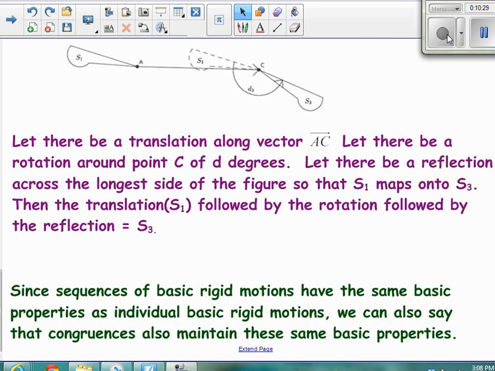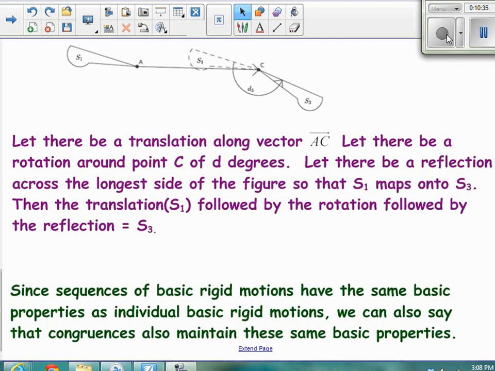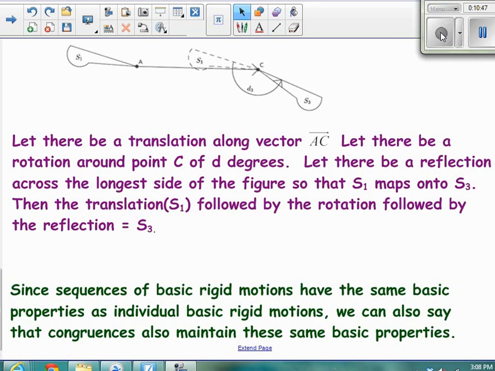A congruence maps a line to a line, a ray to a ray, a segment to a segment, and an angle to an angle. This was true of basic rigid motions and sequences. A congruence preserves lengths of segments, and a congruence preserves degrees of angles. Exactly the same thing as we said for basic rigid motions and sequences of basic rigid motions.